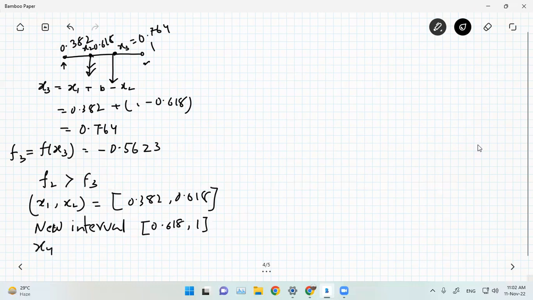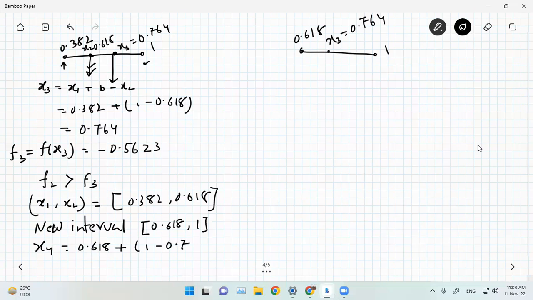So if you draw it, the new interval will be 0.618 to 1. And already we have one point, which is our x3, 0.764. So x4 will be the first value, that is 0.618, plus the last value, that is 1, minus the middle value, 0.764. This will give us 0.854.